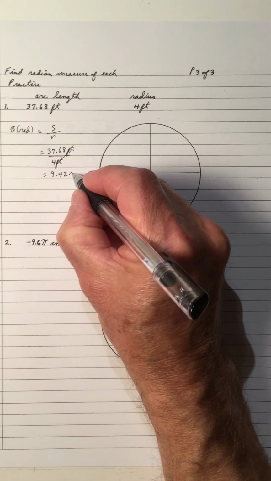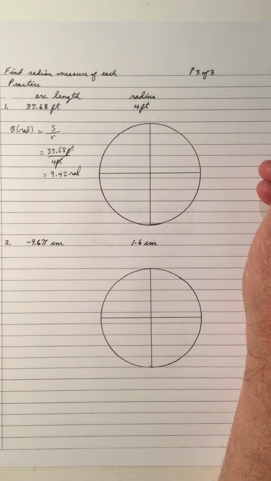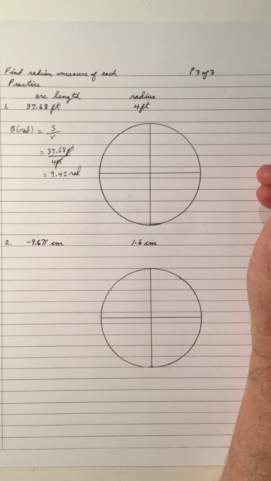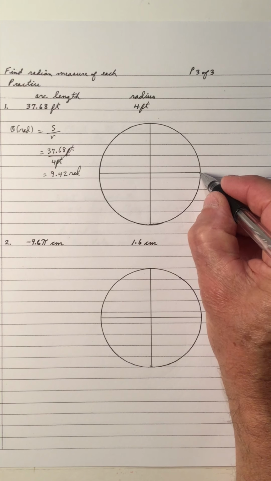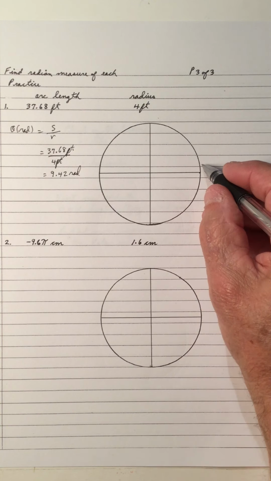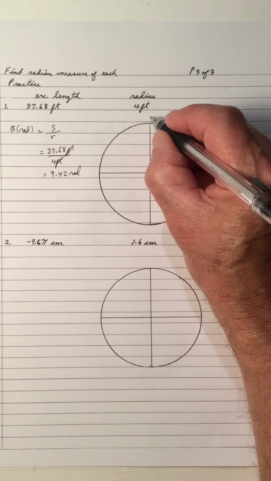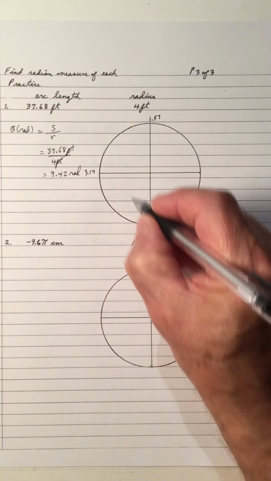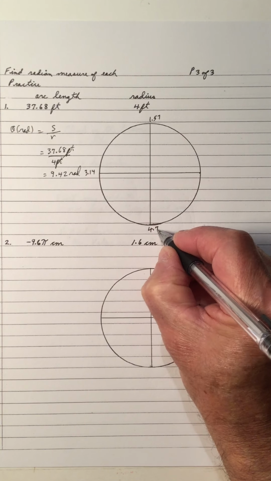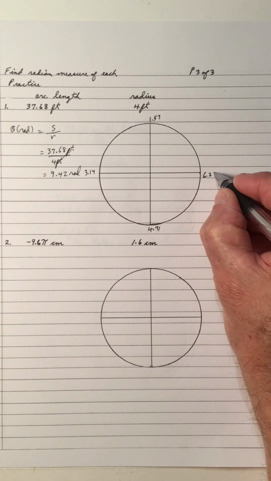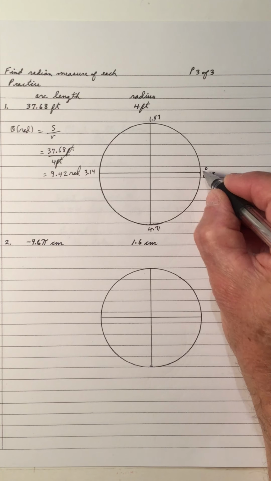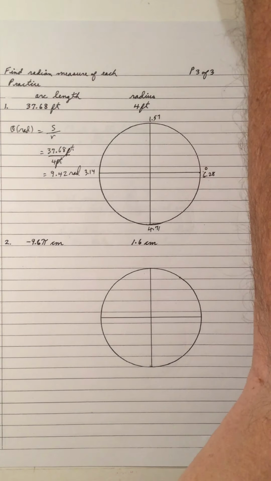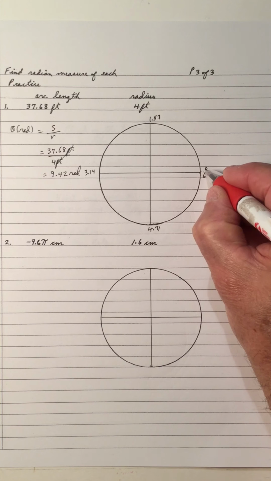9.42 radians. And let's plot them, so we're going around the circle. So again, this is 1.57, 3.14, 4.71, 6.28, starting off at 0. So I'm going to do the rotation, and we start here.